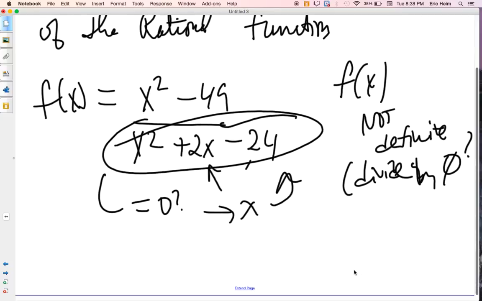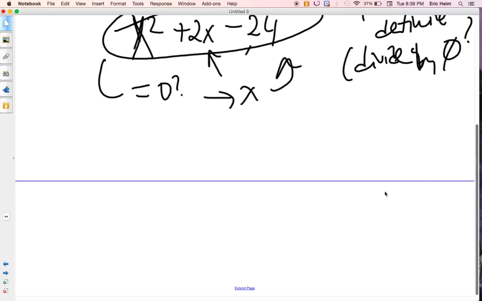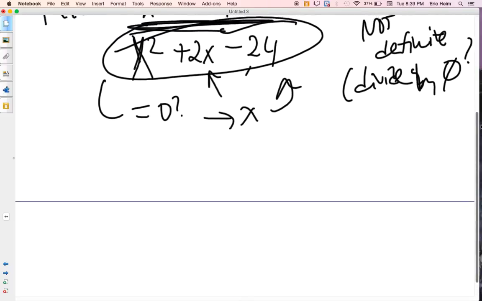are allowed. Okay, so basically, again, when you have a rational function, that means a function with a fraction in it, with the variable in the fraction, you set that denominator equal to 0, find the values of x that make it 0, and then you say those are not in the domain. Now, do that first.